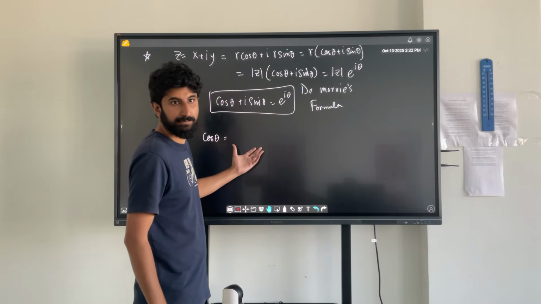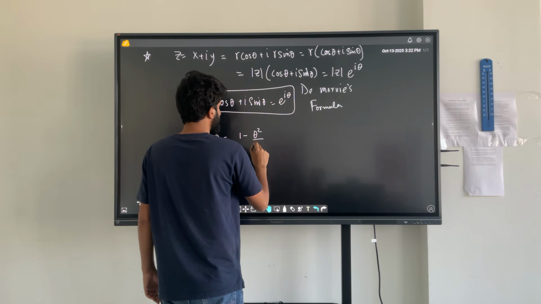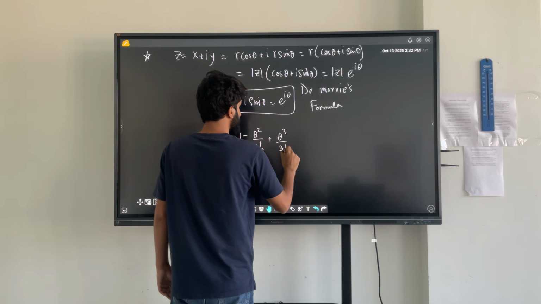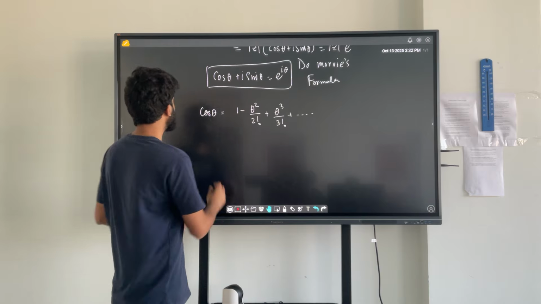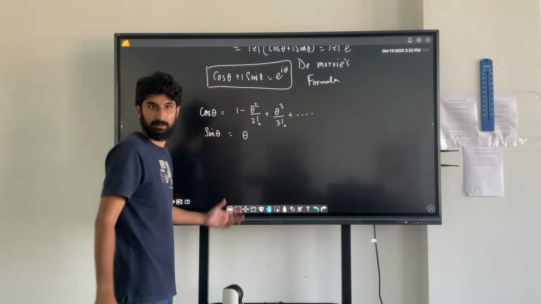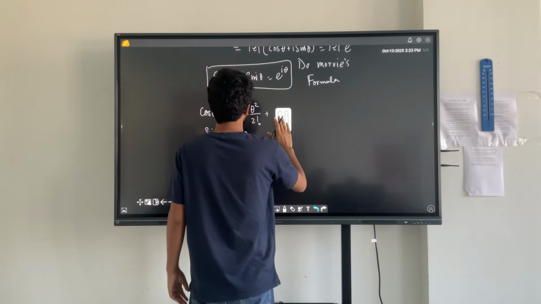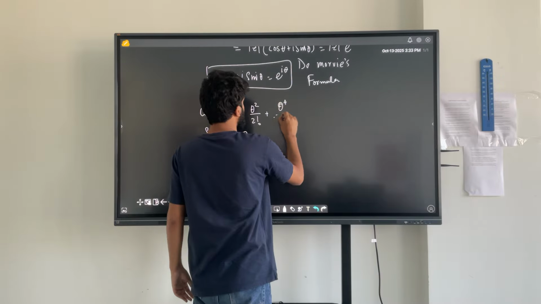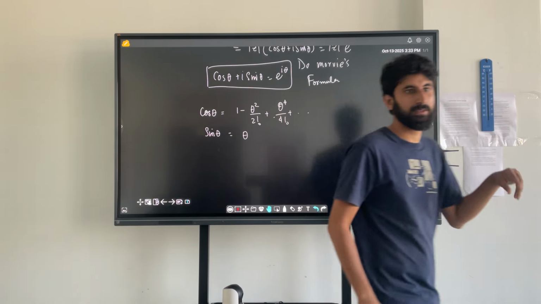It is 1 minus theta square by 2 factorial plus theta to the power 4 by 4 factorial and so on. Cos has even powers. Remember, these are just obtained by taking derivatives, right?